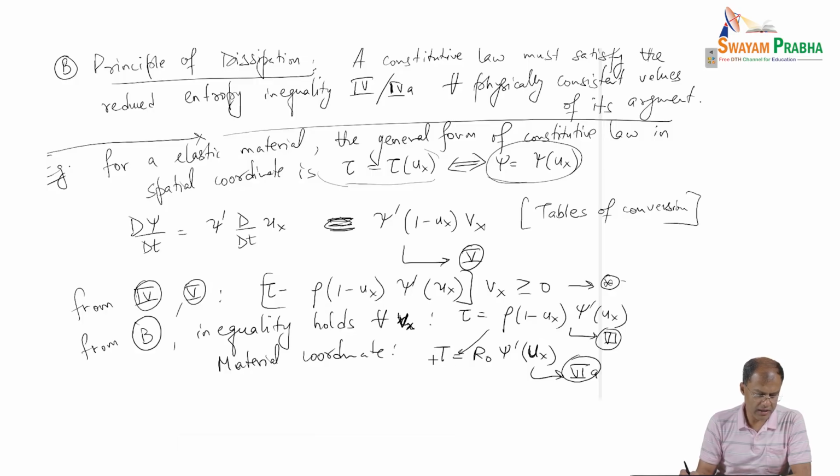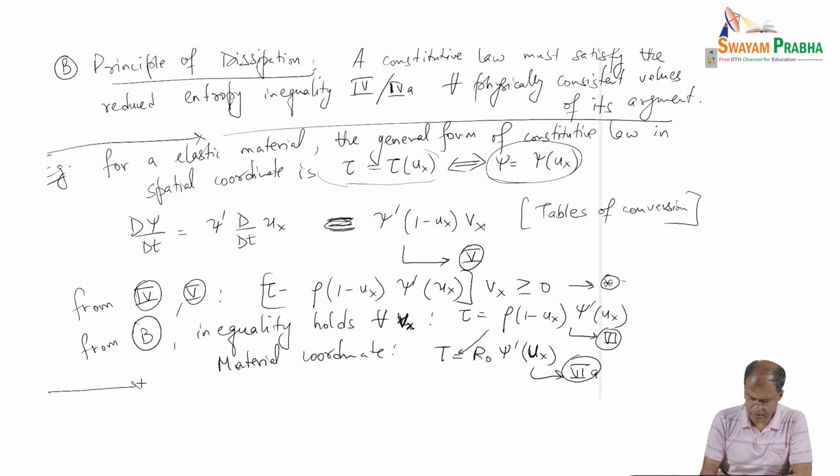So what we get now is that when the material satisfies the principle of dissipation, then the stress-strain relationship depends on the free energy of the system, and such a material is also known as hyperelastic material.